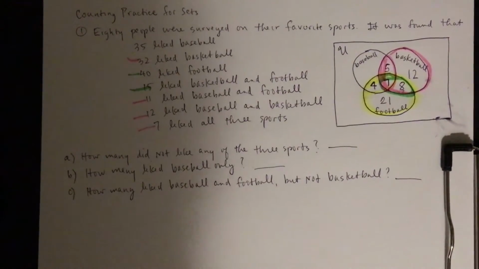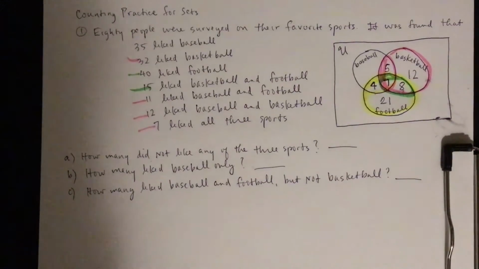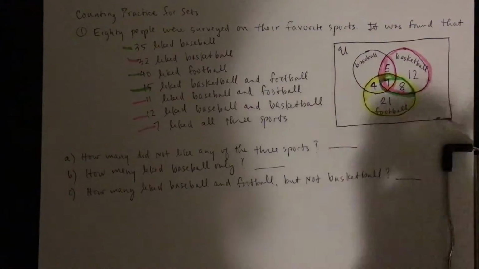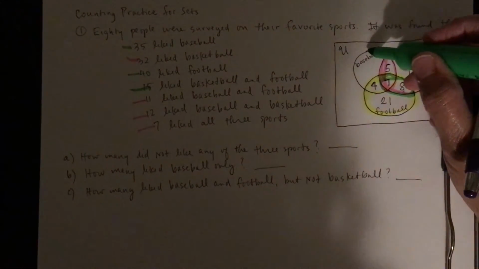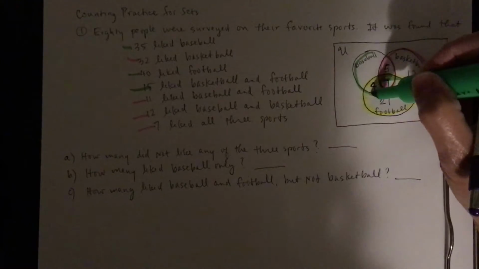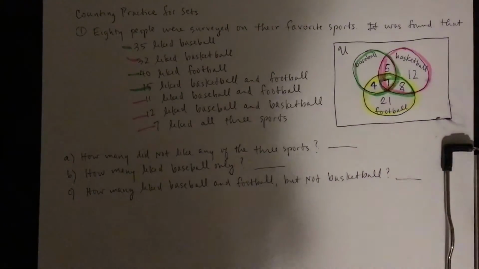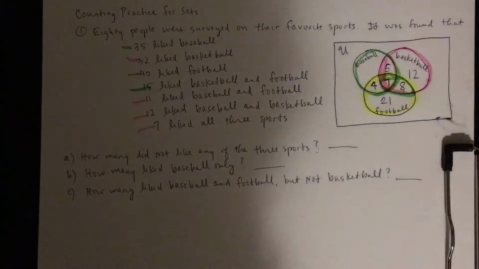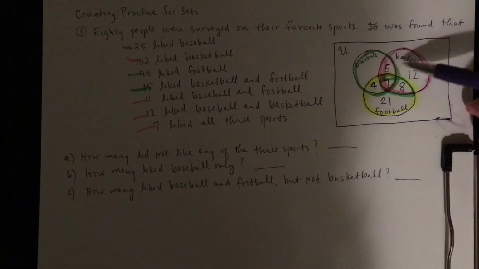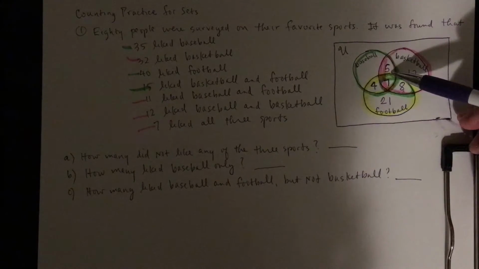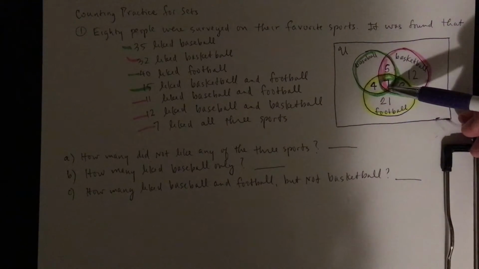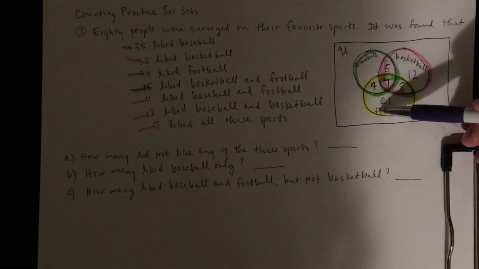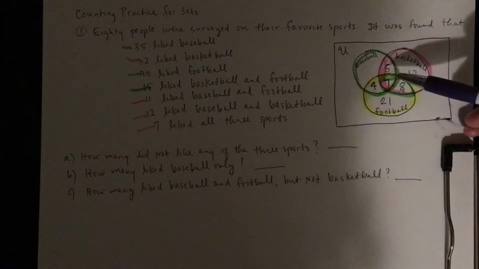We have one more item to look at on our chart, and it's 35 people liked baseball. The baseball circle is the first one on my Venn diagram. And in the baseball circle, I already have 5 people who liked baseball and basketball, but not football. 7 people who liked all 3 sports, and 4 people who liked baseball and football, but not basketball.